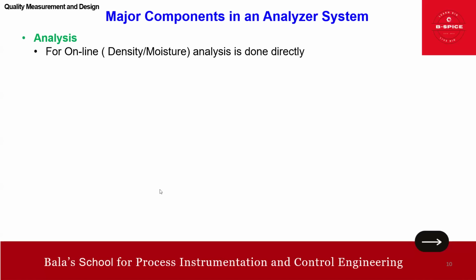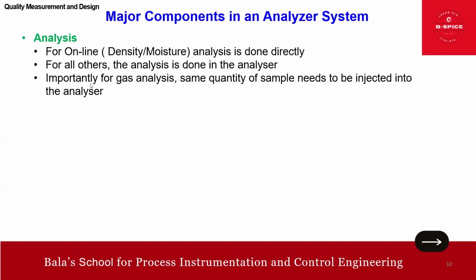Right. So to move on, analysis. For online density or moisture analysis, this is done directly. Okay. For all others, the analysis is done in the analyzer. You got it, friends? See, basically for online density or moisture measurement, analysis is done directly. For other parameters, the analysis is done in the analyzer itself.